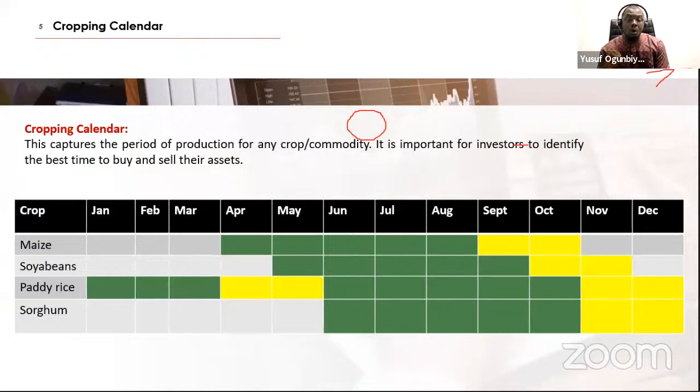That's because there is what we call staggered planting across the country. But even with this staggering in planting, we still have some sense of uniformity about how we think about planting generally for any commodity in Nigeria.